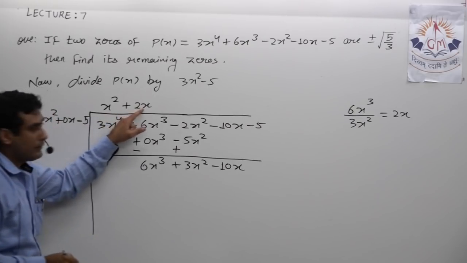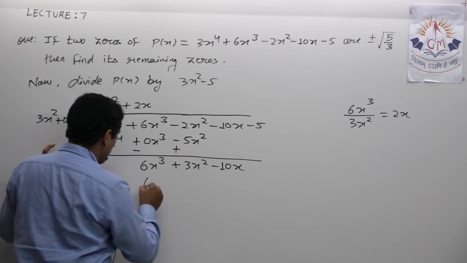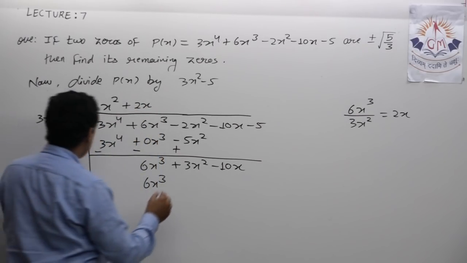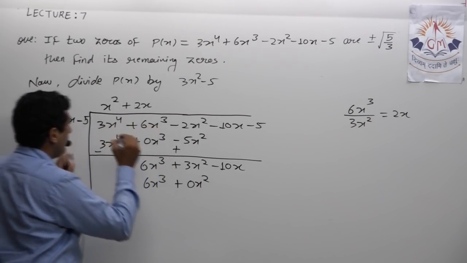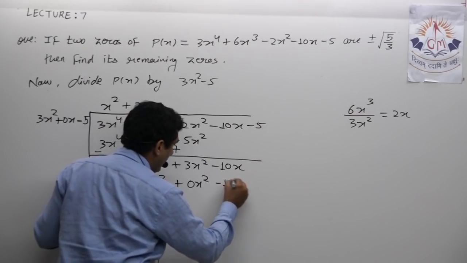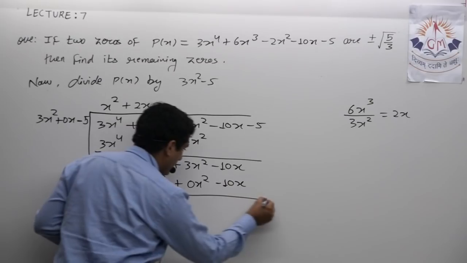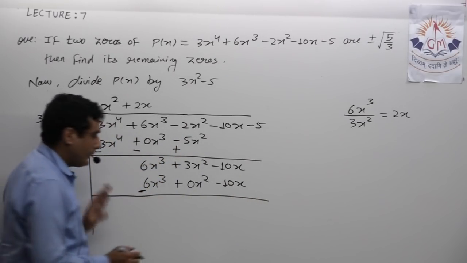Now 2x multiplied by 3x square is 6x cube. 2x multiplied by 0x is 0x square. 2x multiplied by minus 5 is minus 10x. Okay, so now I will subtract. For that I will revert the sign. As it is positive, I will make negative.